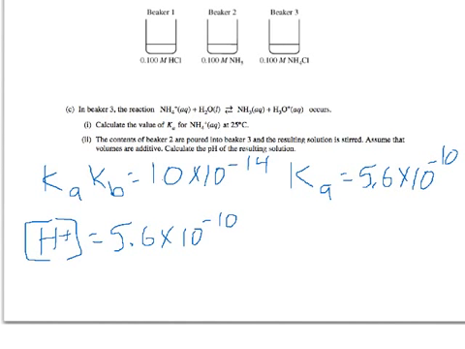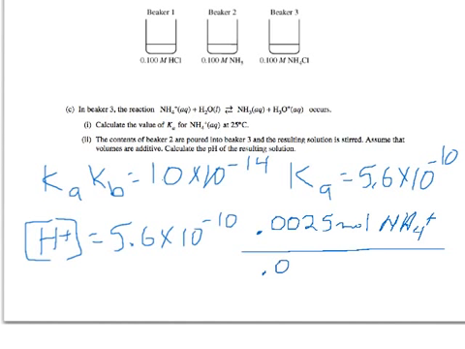Now, these two number of moles are the same, so we could multiply it out, but we also know that they're equal. So you have 25 milliliters, and that's times 0.1. Okay, so that means the number of moles of the NH4 plus is 0.0025. That was NH4 plus.